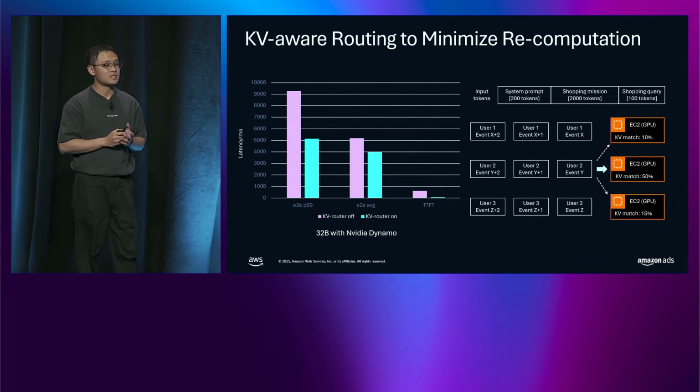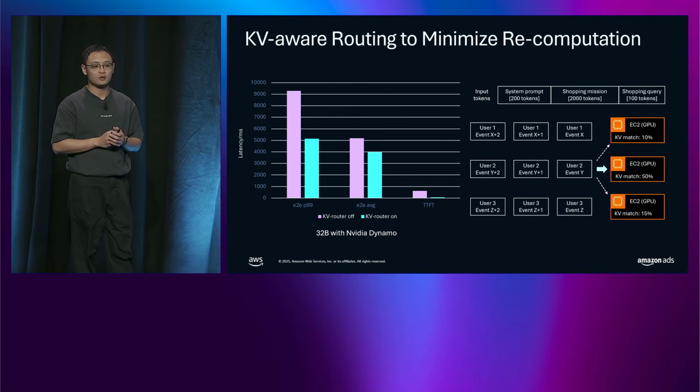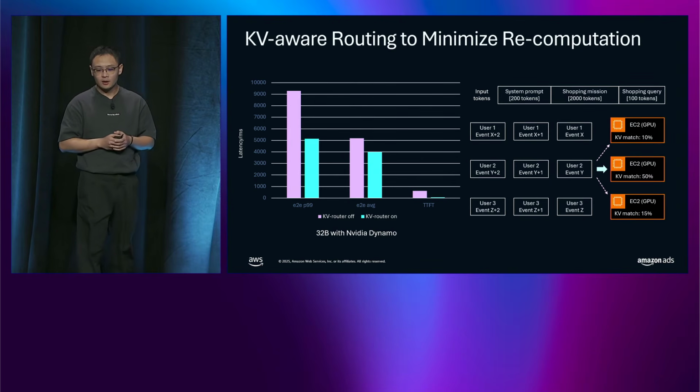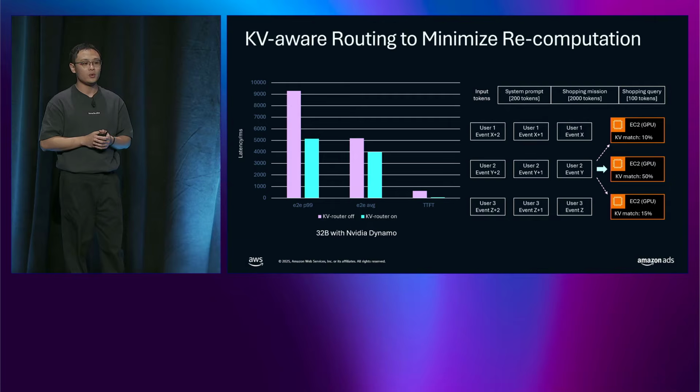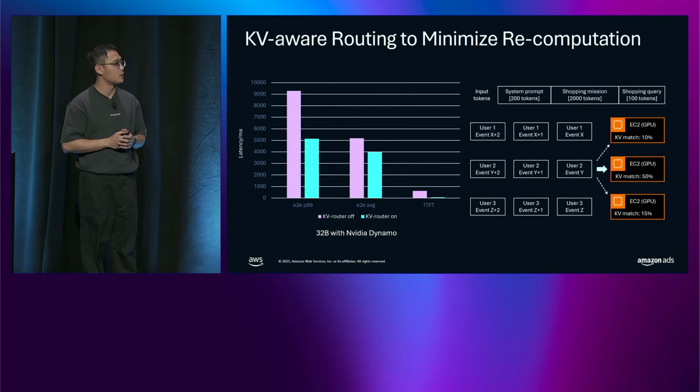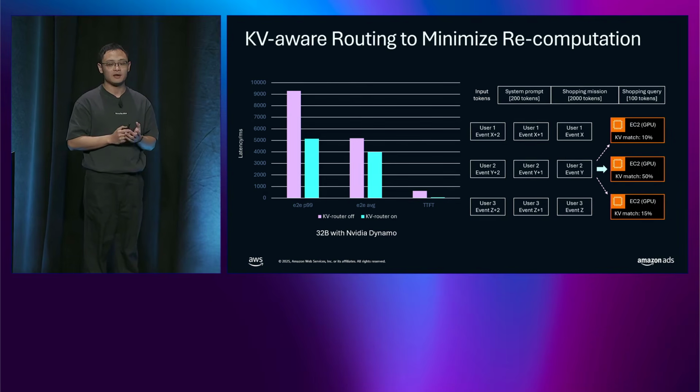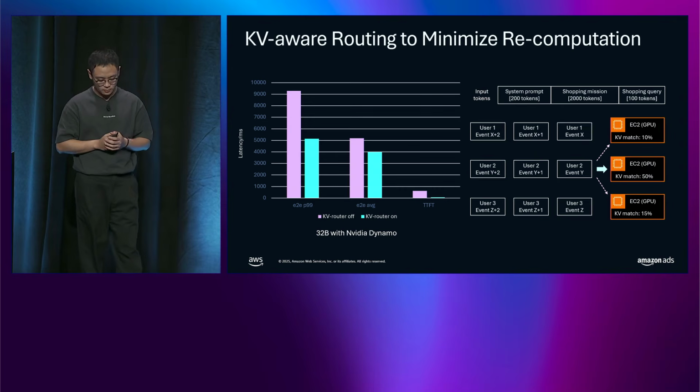KV-aware routing takes this one step further by directing requests to the GPU worker which already holds the most relevant cache data. In this example on the right, you can tell requests from the same user almost share the same input prompt, except the last moving part, which is the shopping query. When we direct requests from the same user to the same GPU worker, this can maximize the KV cache hit rate and help avoid unnecessary computation.